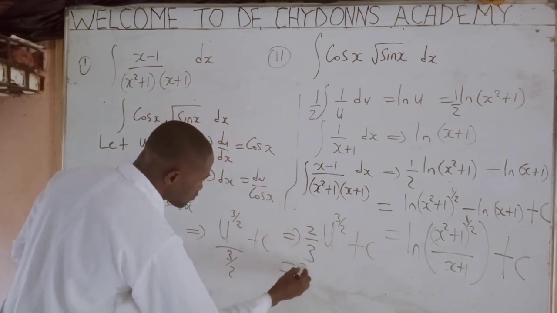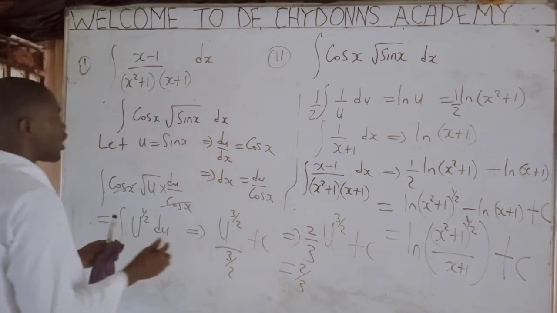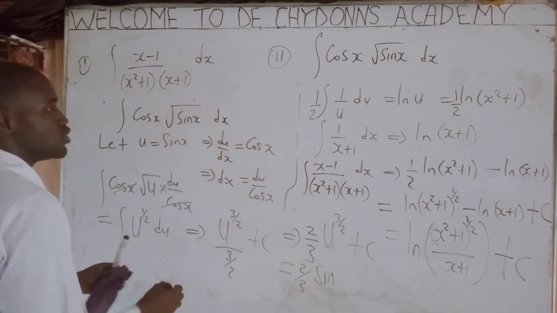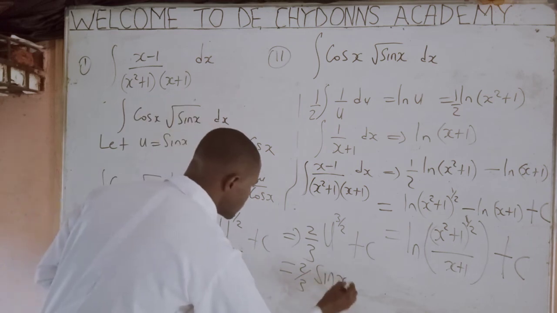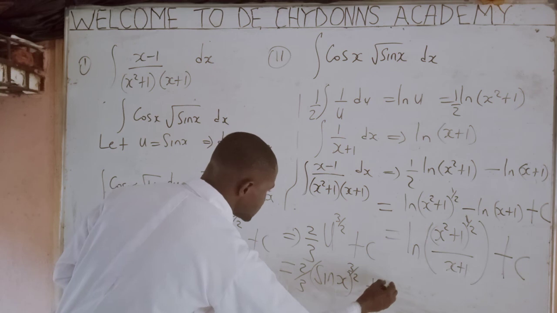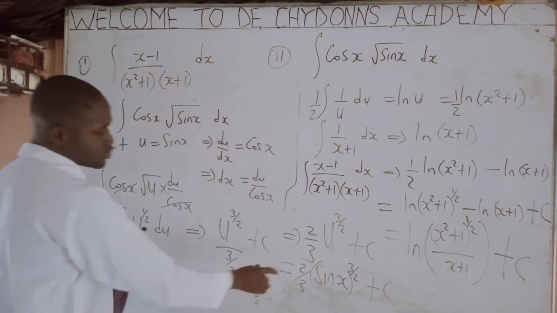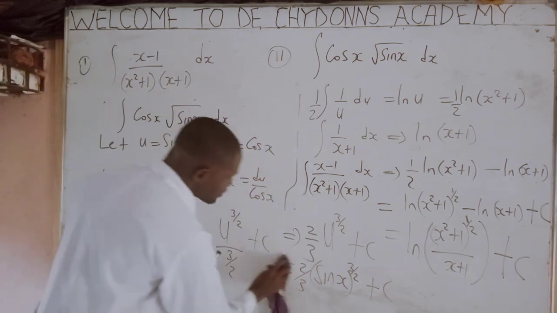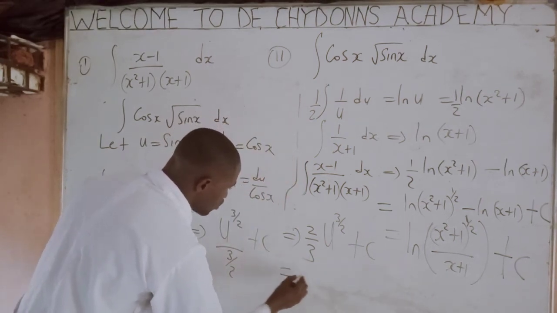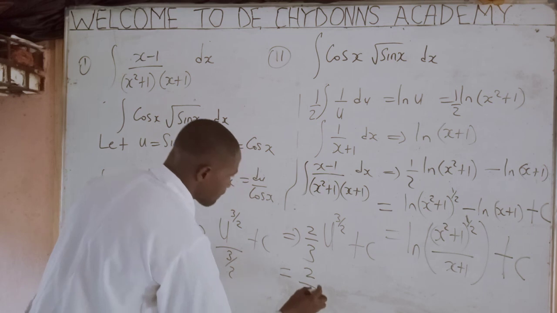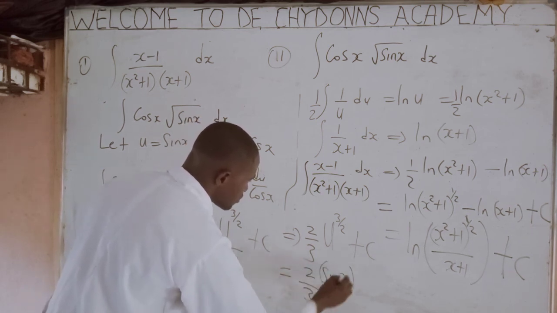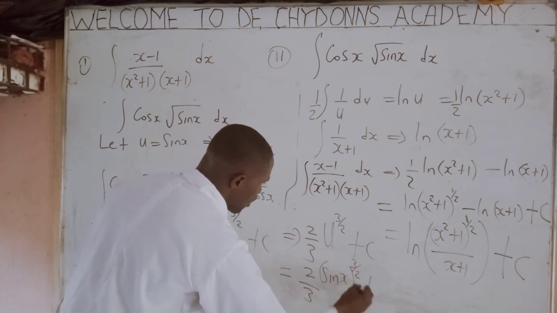What is your u? Your u is equal to sin x. So let's write it well. It equals 2 over 3 sin x raised to power 3 over 2 plus c.